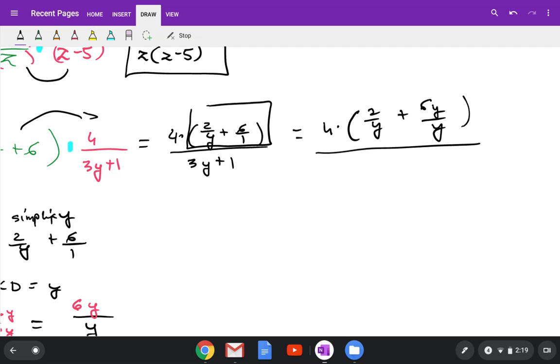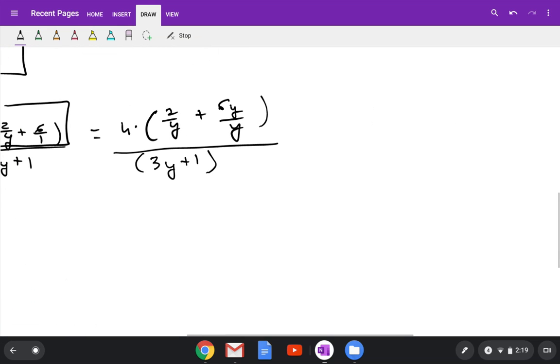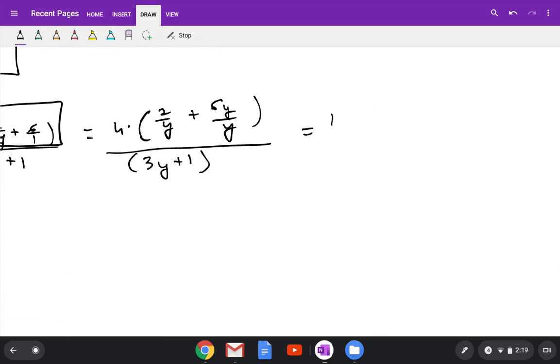So I built equivalent fractions, I can add 6y to 2 over y. And the denominator is 3y plus 1. Let's simplify. So here we have 4 times, and since I have the same denominator, I copy y, and I rewrite that as 2 plus 6y over 3y plus 1.